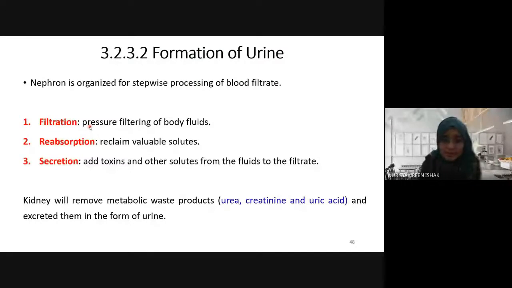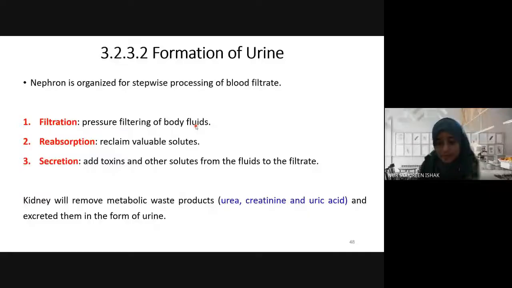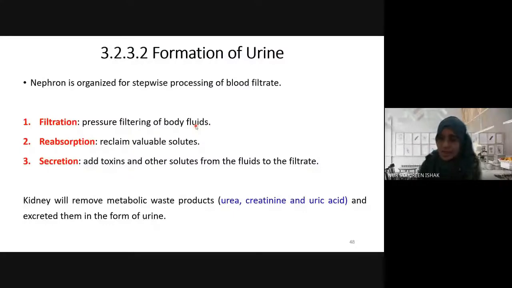Body fluid is basically from the blood flow that enters into the glomerulus. The high blood pressure in the glomerulus, due to the different diameter of the afferent and efferent arteriole, causes excess fluid to enter into the Bowman capsule along with other nutrients.